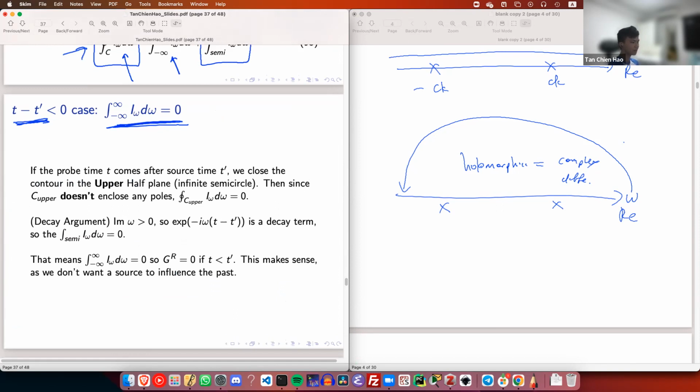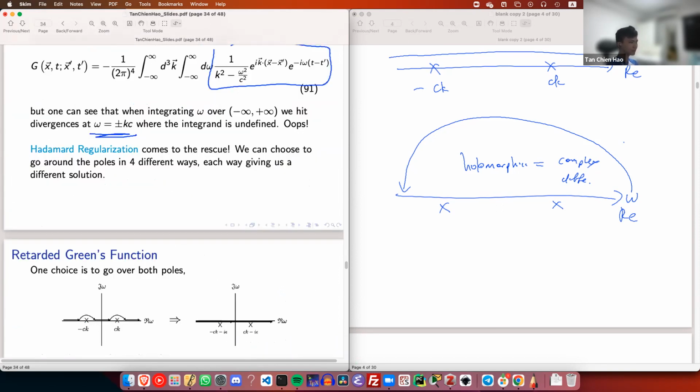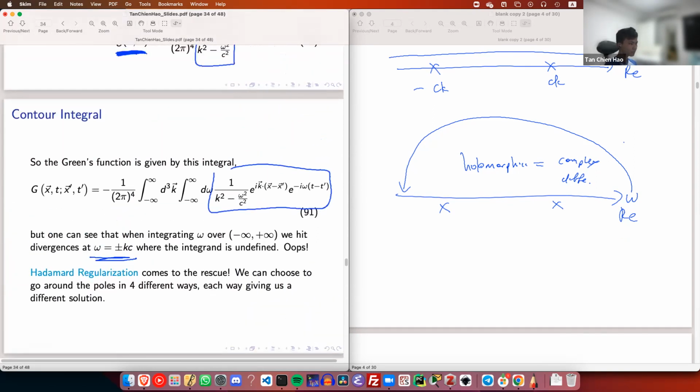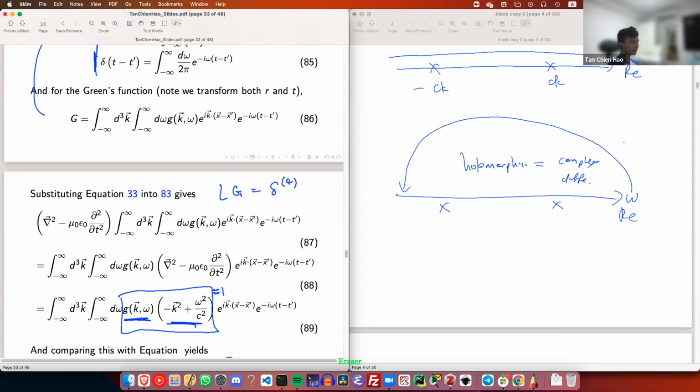Sorry, t prime is not necessarily the past. The past is only whether t is less than t prime or not. But t prime is where the source comes from. Okay, I get it.